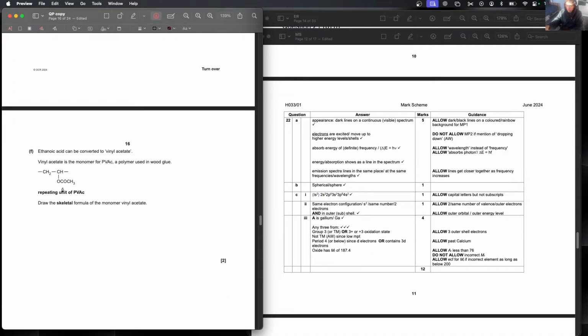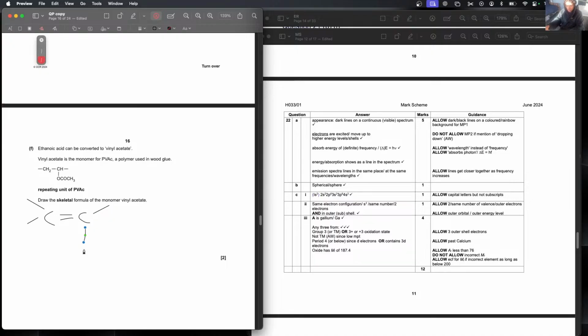Okay, this is what I will do first, right? This is what I would do. I would draw the actual thing first. H, H, H, which then bonds to an oxygen apparently. Didn't even know you could do that. I can't lie.